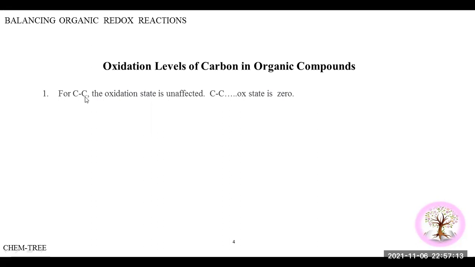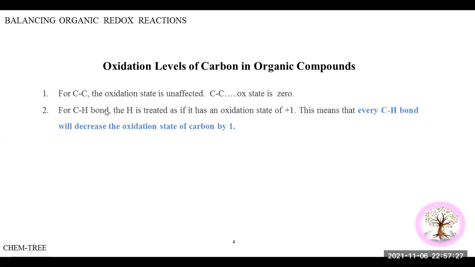If the carbon is attached to a carbon atom, then its oxidation level is unaffected. So you will count one carbon or one alkyl group as 0. If the carbon is attached to hydrogen, the hydrogen has an oxidation state of +1.